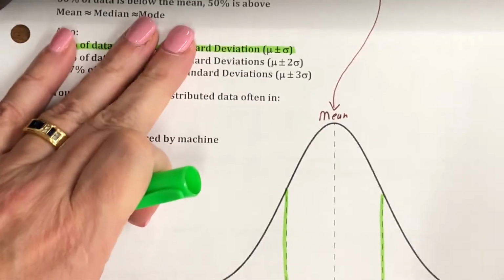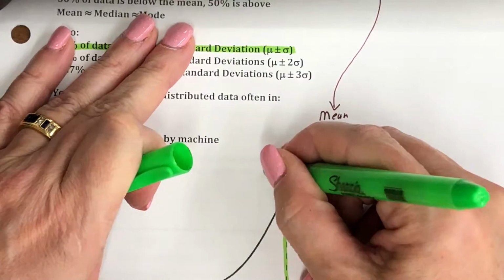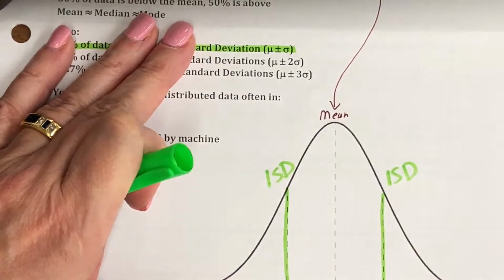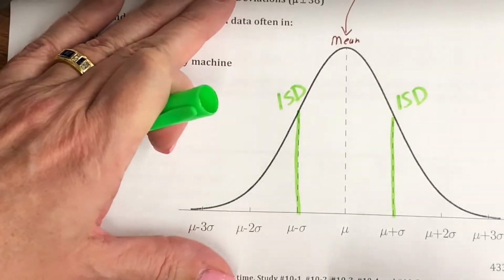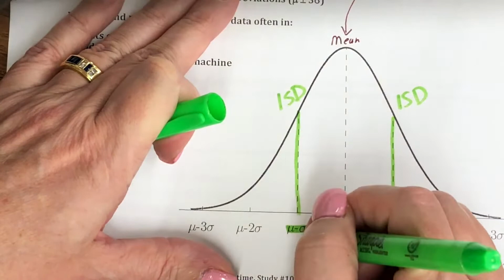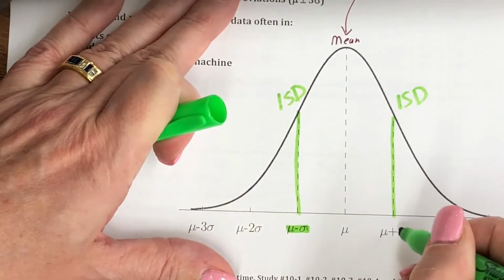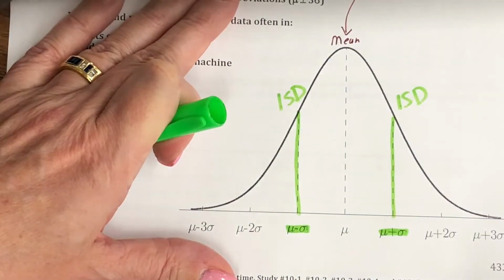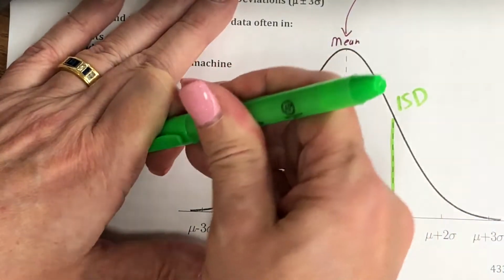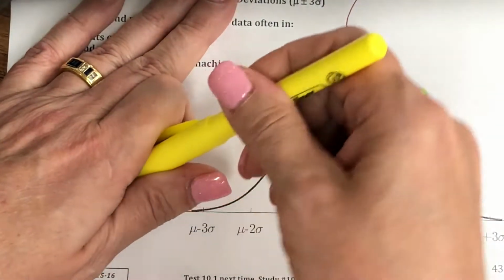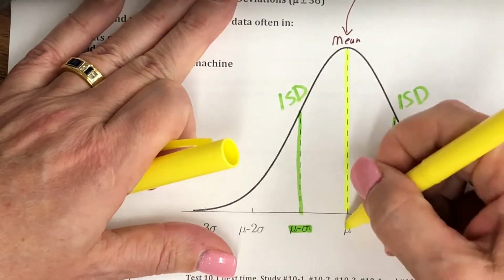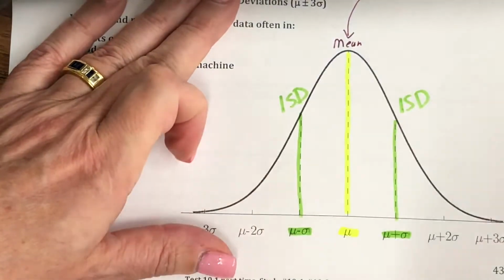This is one standard deviation to the left, and this is one standard deviation to the right. To find those, you take the mean and subtract sigma to find one standard deviation on the left, and on the right, you take the mean and add sigma, the standard deviation. And we need to remember that the middle is the mean, and that is represented by mu.